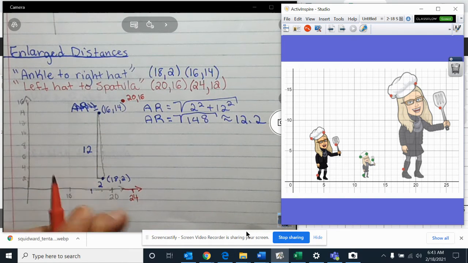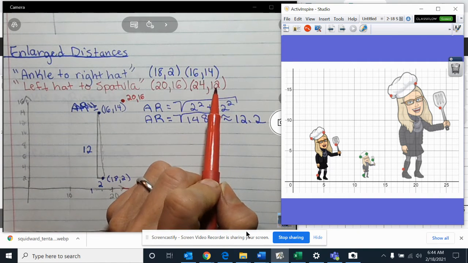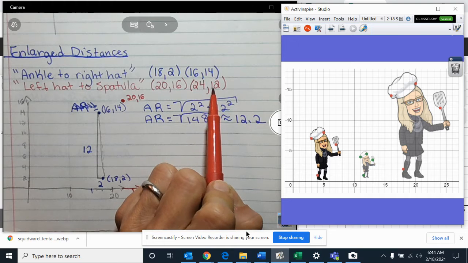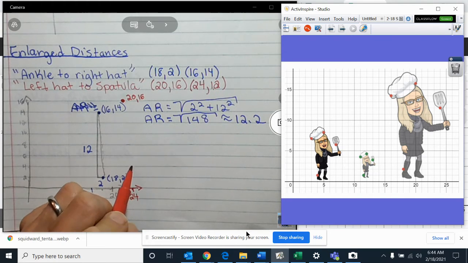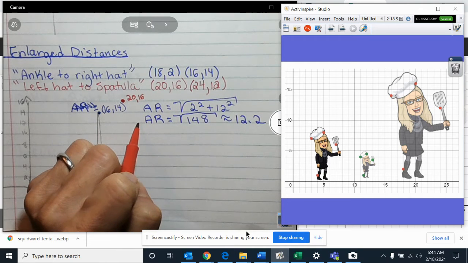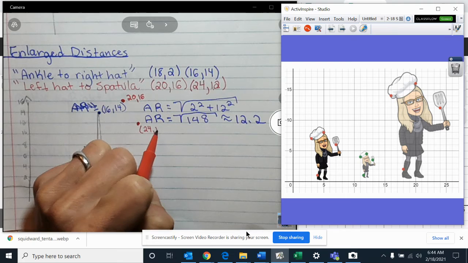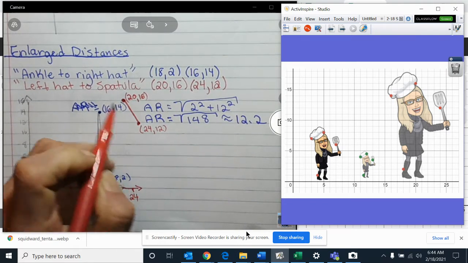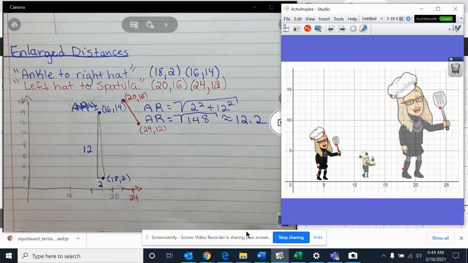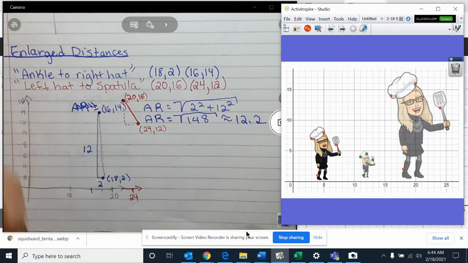So don't worry if it's messy. It's more just to be able to visualize where is the right triangle and what are the side lengths. So now we need to go up to 12 from that 24. 24 and 12 here, and then 20 and 16 there. And there is our hypotenuse, and here is the right triangle.